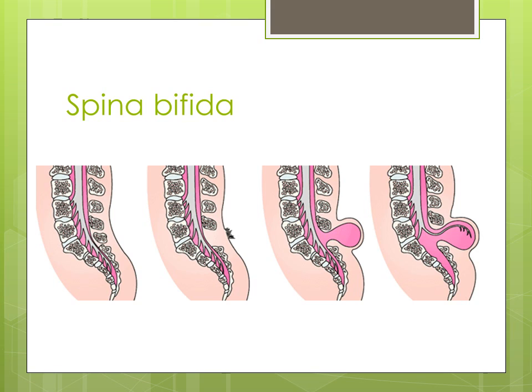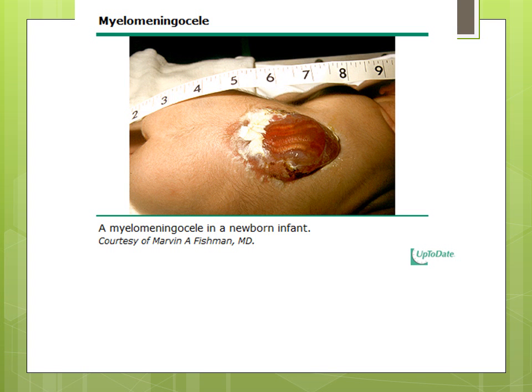And then the most severe here, we've got the tail of the spinal cord, or the cauda equina, that's actually protruding out here through the myelomeningocele. And basically from here, from the level of L4 down, they're going to have some neurological deficits.